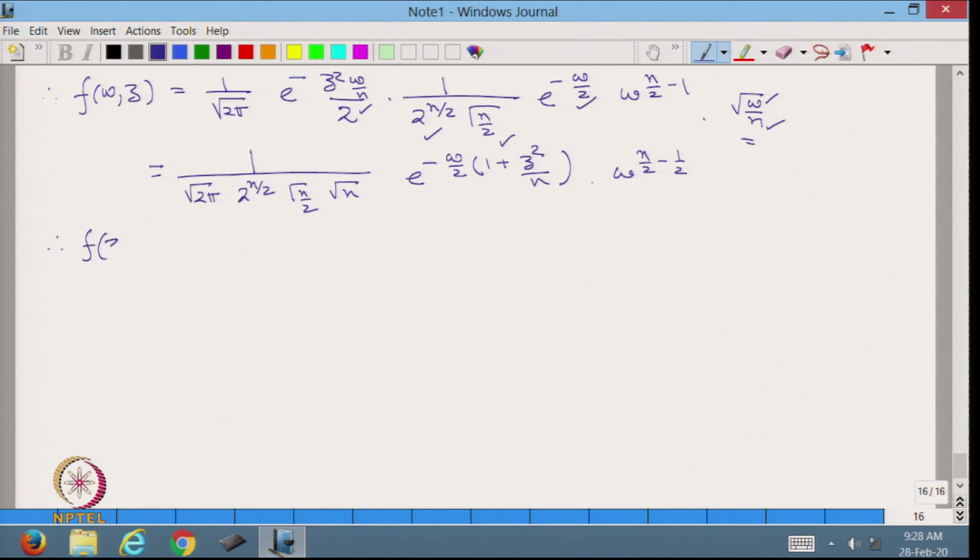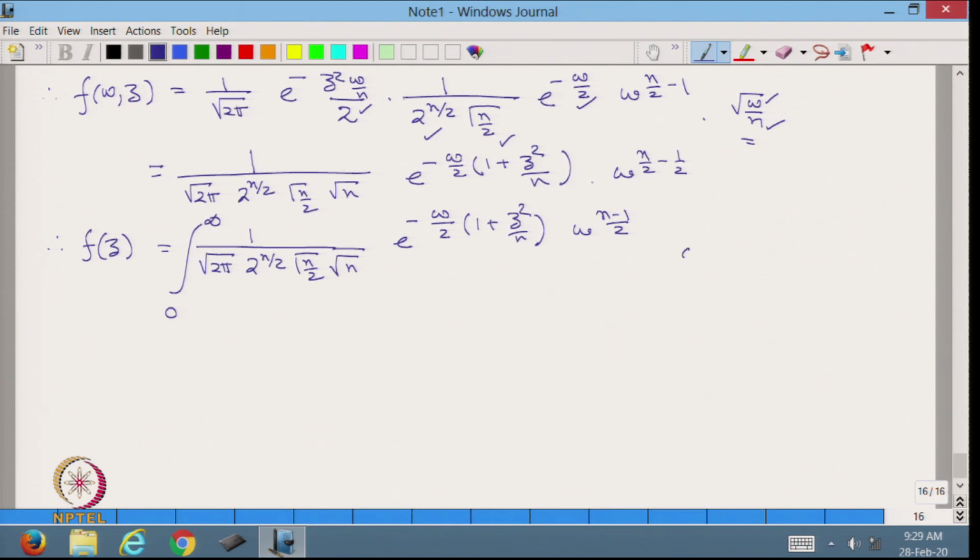Therefore, f of z is equal to, we are integrating out w, therefore taking out the constant 1 over root over 2 pi 2 to the power n by 2 gamma n by 2 root over n, e to the power minus w by 2 times 1 plus z square by n, w to the power n minus 1 by 2, and I am integrating it from 0 to infinity with respect to dw.